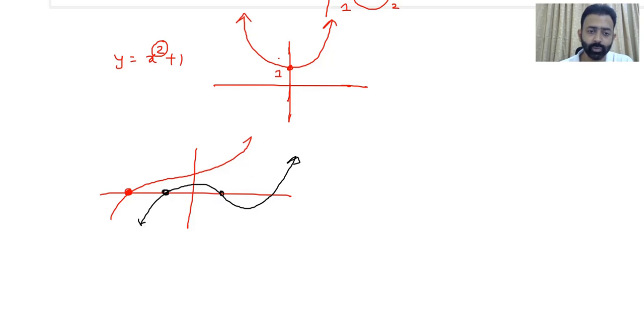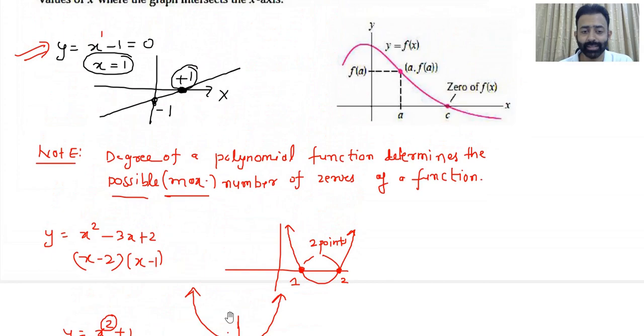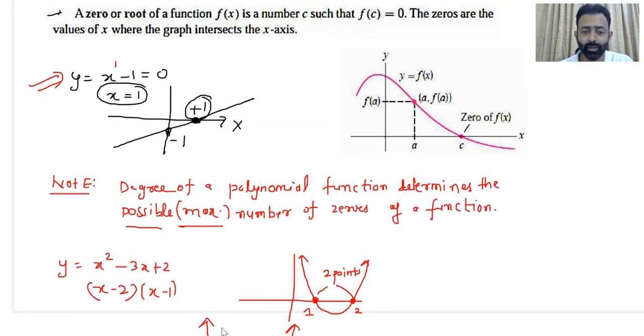In this case, it will have 3 zeros, and in this case, it will have only 1 zero, though the polynomial is cubic. So this is about the zeros, wherever the function is intersecting the x-axis. As the slide was saying, at this point C it is intersecting, so we say this is the zero of f(x).